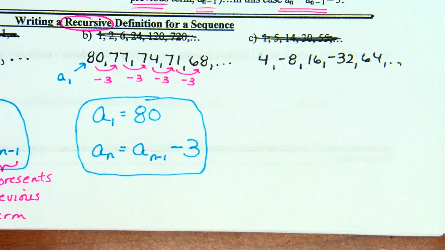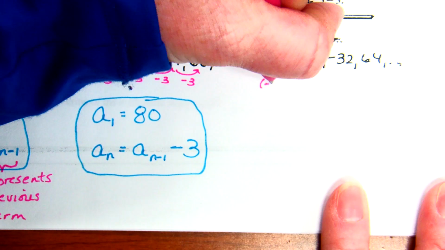Thoughts? Multiply by negative 2. If we take off the negatives, do you see 4, 8, 16, 32, 64? It's always doubling? Yeah. It's always multiplying by 2. Anytime you can recognize that and the signs are alternating, plus, minus, or minus, plus, it does just mean you're multiplying by a negative.